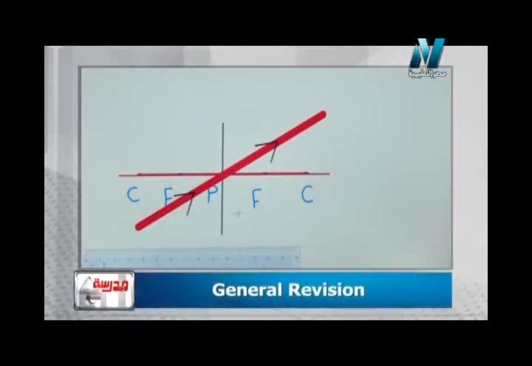Doesn't refract. يبقى rule number 1: if light ray passes through the focus it will refract parallel to the principal axis. Rule number 2: if light ray passes parallel to the principal axis, it refracts through the focus. Rule number 3: if the light ray passes through the optical center it doesn't refract.